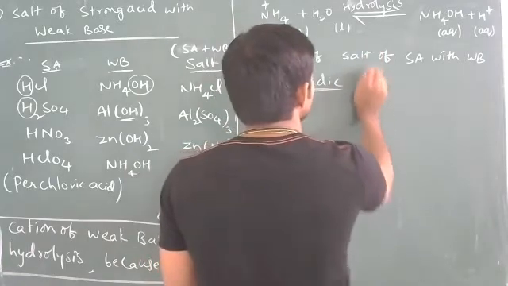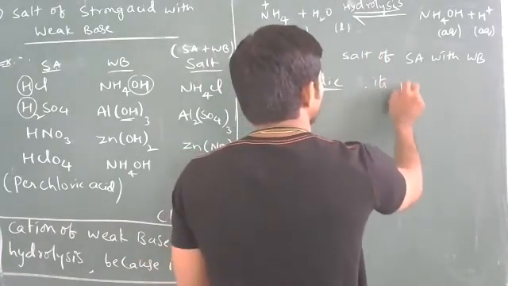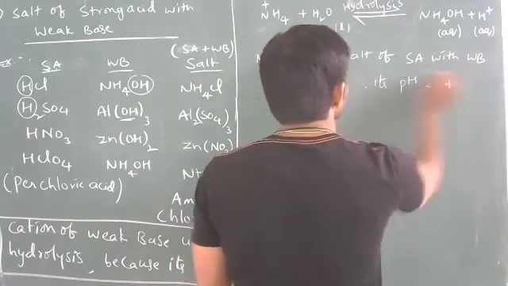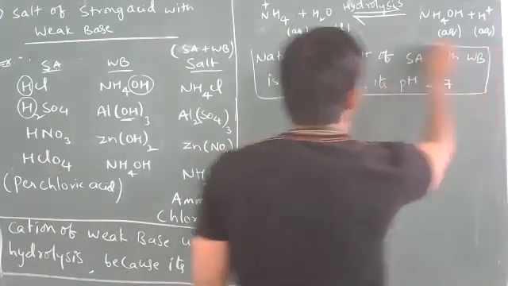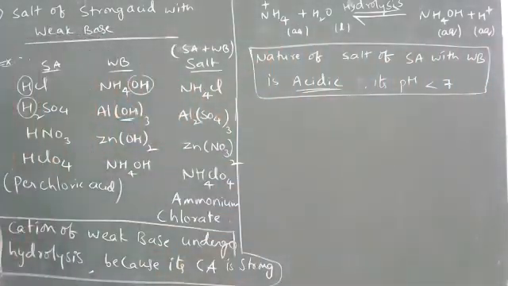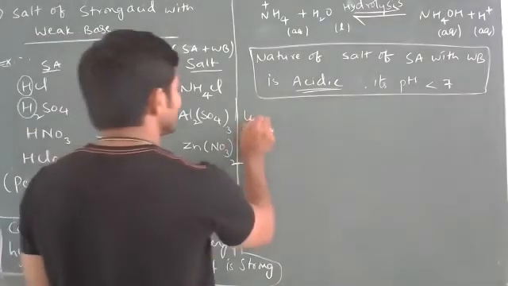So when acidic, pH value is what? For an acidic solution, pH value is less than 7. So here also I will take a simple derivation.